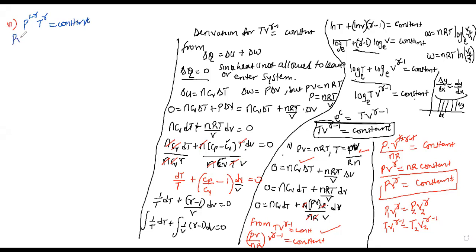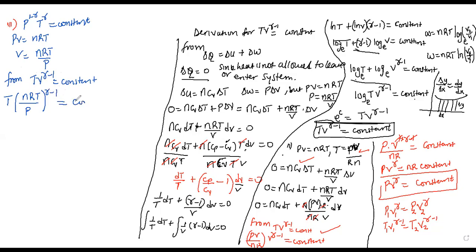So still from PV is equal to nRT, you can make V the subject because V is the one missing, which is nRT over P. Now from the first equation we derived of adiabatic expansion, TV^(gamma minus 1) was equal to a constant. So now I substitute, I'll have T times (nRT over P)^(gamma minus 1) is a constant.